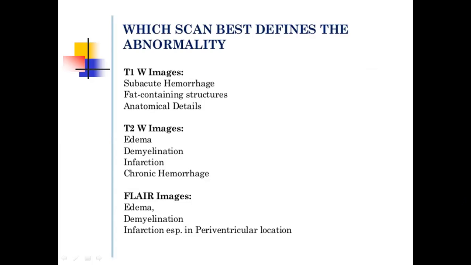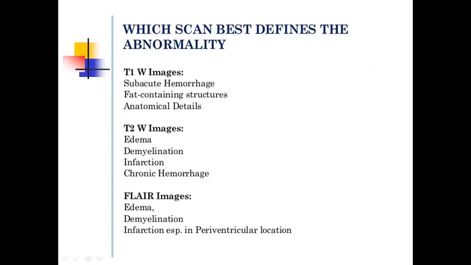Which scan best defines the abnormality? You see that T1 weighted images are better in detection of subacute hemorrhage, of fat-containing structures and for anatomical details.